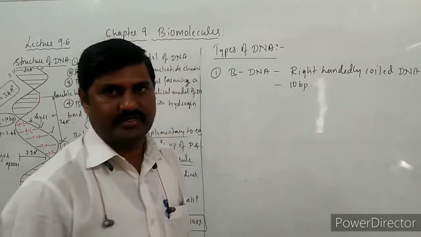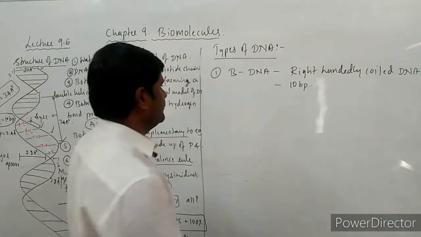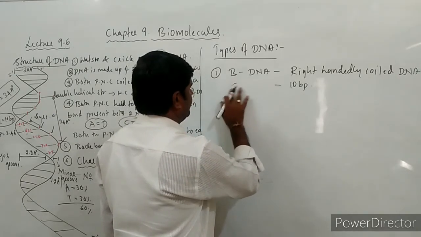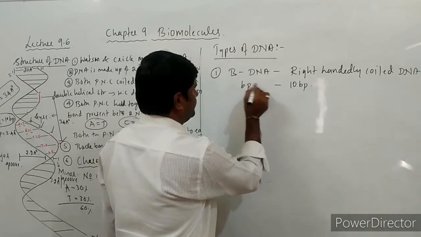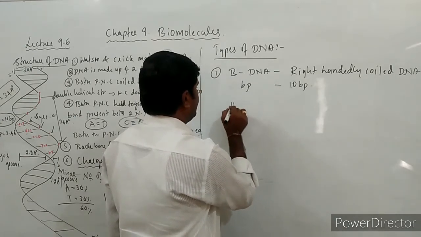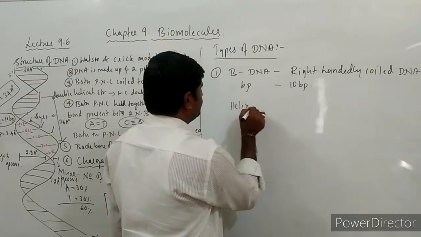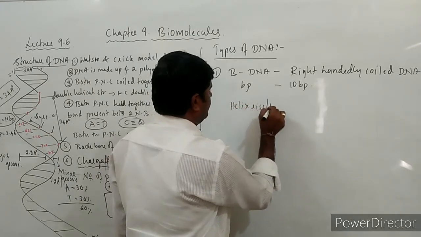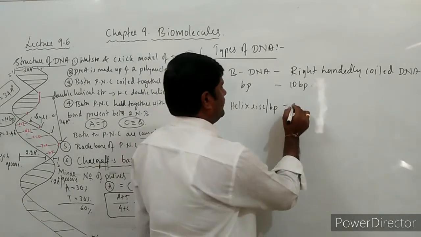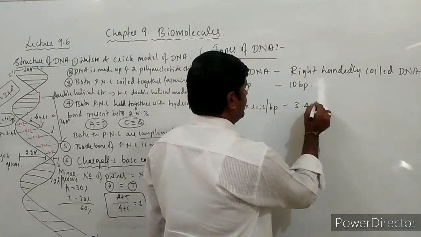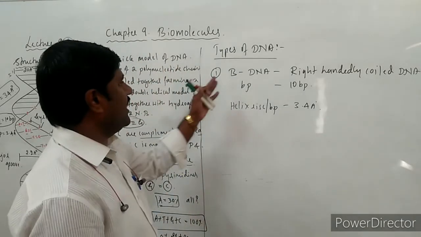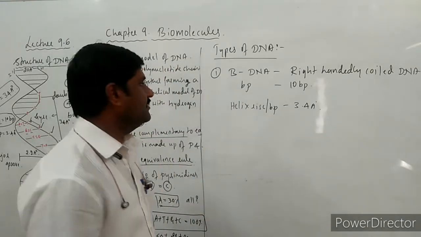And helix rise per base pair is 3.4 angstroms in this case. It is natural DNA.